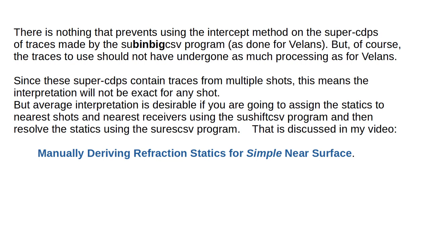But average interpretation is desirable if you are going to assign the statics to nearest shot and nearest receivers using the sushiftcsv program, and then resolve the statics using the surescsv program. This is discussed in my video, Manually Deriving Refraction Statics for Simple Near Surface.